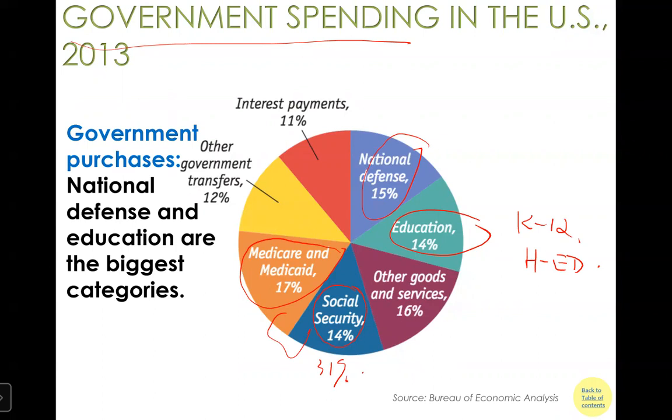Now here, I want to draw your attention to interest payment. What is interest payment? Just to give you an idea, most of us have a credit card. If you ever pay your credit card late, and I guess most of you have that experience, I have that experience as well, usually they have an interest charge.